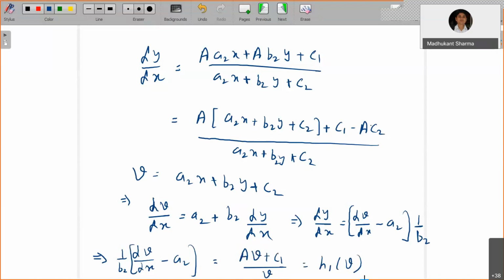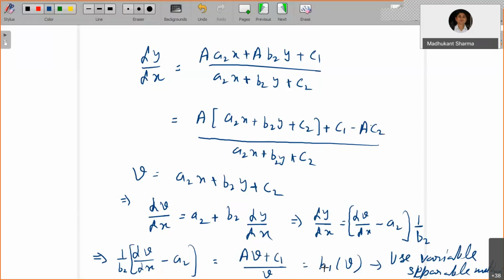And you can easily solve this out. Use the variable separable method. So I am leaving that here. Now you can see it's going to be dv by dx equals b2 times h1(v) plus a2.